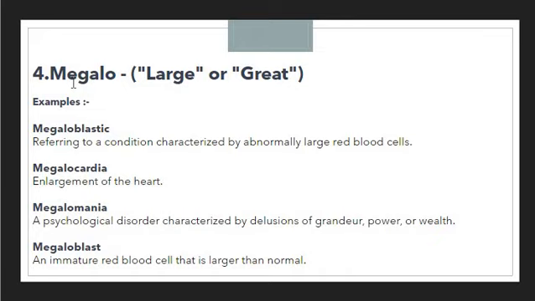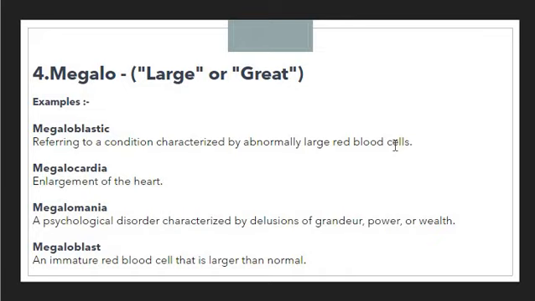The first is megaloblastic, referring to a condition characterized by abnormally large red blood cells. We already learned another prefix indicating large, but this is another one, megalo, representing large or great.